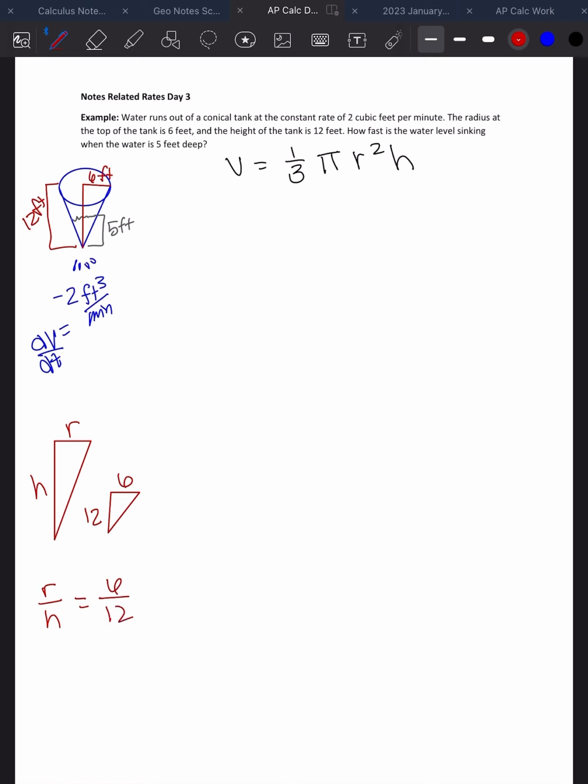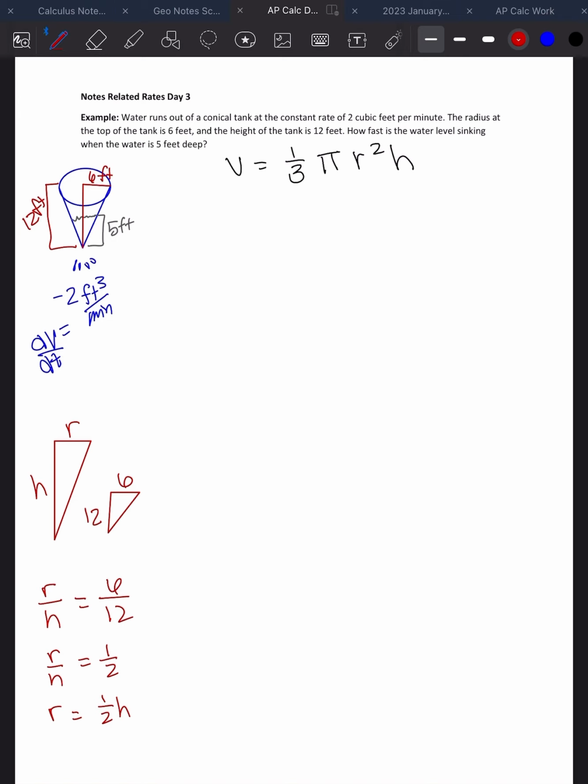I can set up this proportion as radius over height or height over radius. It doesn't matter. But I want to try to simplify. So 6 over 12 is the same thing as 1/2. And I'm going to multiply by an h. So I get 1/2 h. So if I halve the height, that gives me the radius. And that makes sense based off of that relationship between 6 and 12.